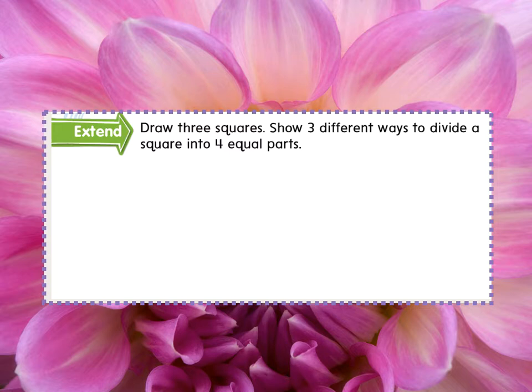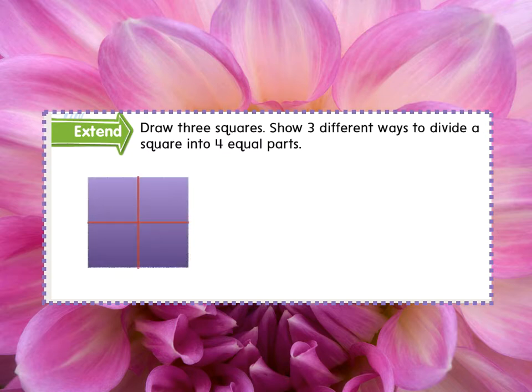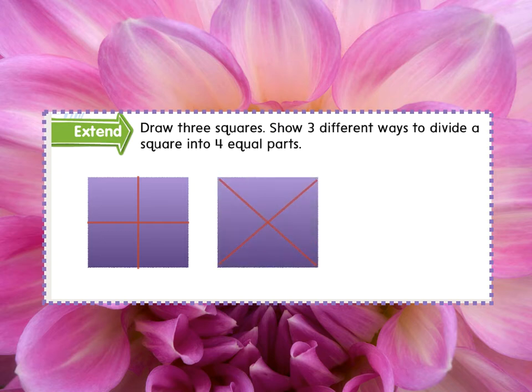Let us have another example. Draw 3 squares. Show 3 different ways to divide a square into fourths or quarters. Okay, so I will draw squares and draw lines to divide the square in 4 equal parts. That is the first one. And that is the second way to divide a square into 4 equal parts.